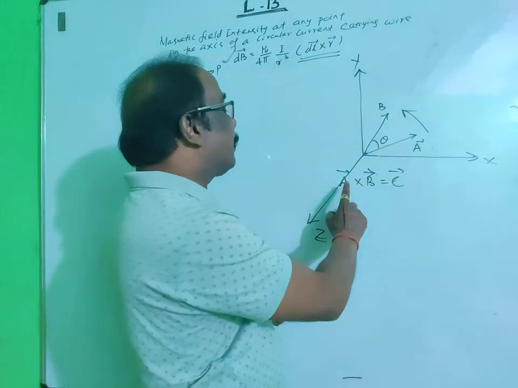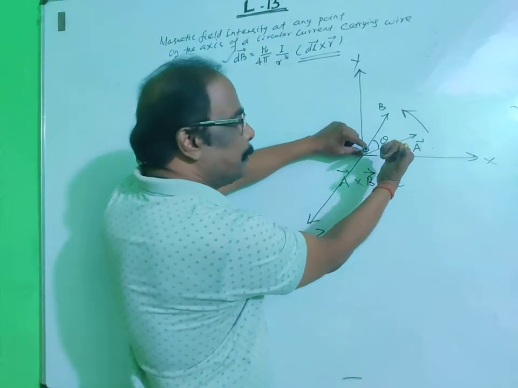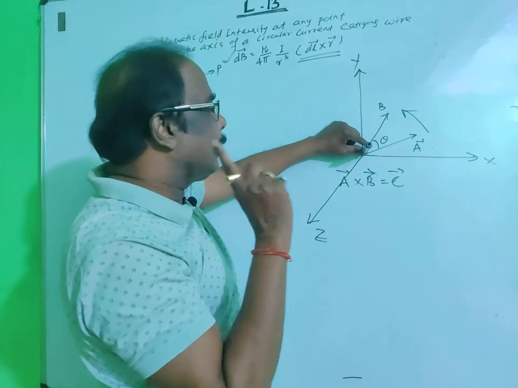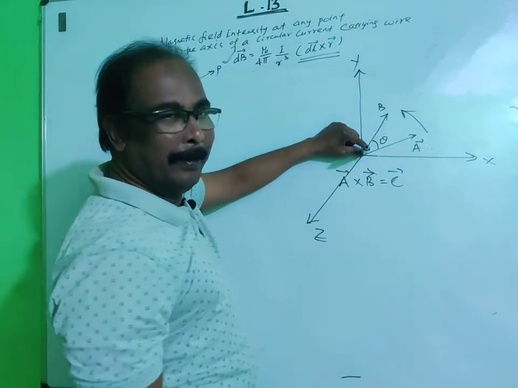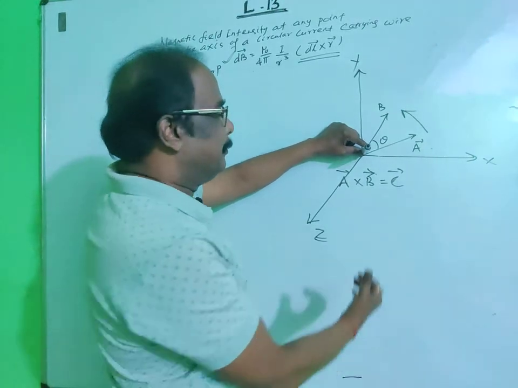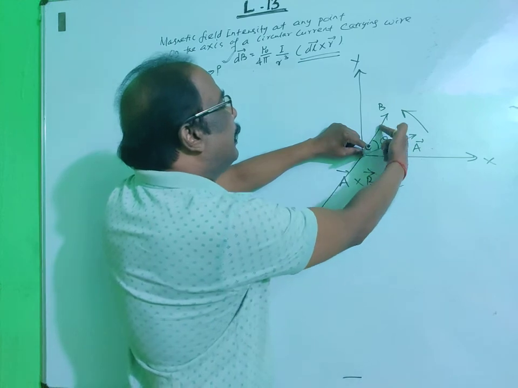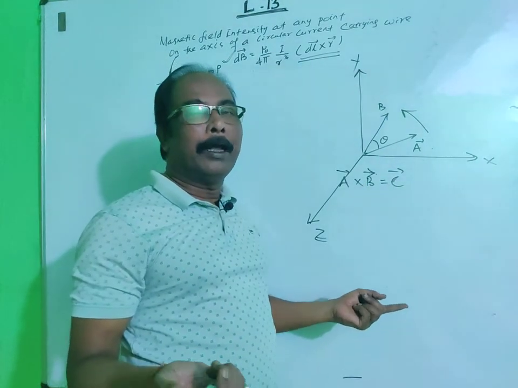So the direction of cross product, A cross B is outward or B cross A is inward, whatever may be. The direction of cross product is perpendicular to both the vectors. The direction of A cross B is along the z axis and it is perpendicular to both A and B, since we have taken A and B on the xy plane.